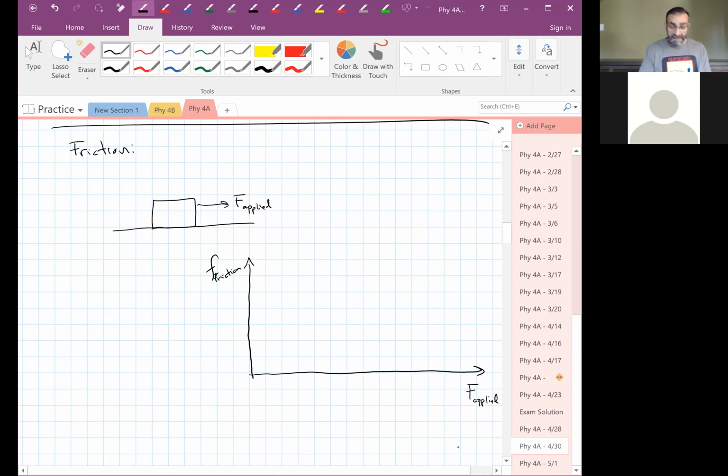Okay, so if my box is just sitting there on the surface and I'm not touching it, what's the friction force? 0, right? Now I'm going to pull with a 1 Newton force. My box just sits there at rest. What's the friction force? 1 Newton, right?